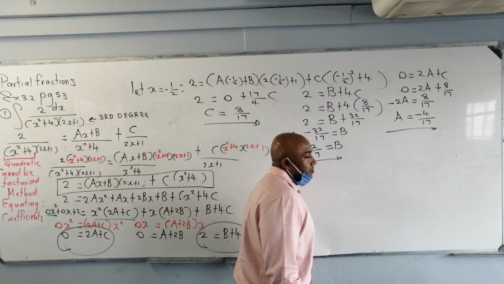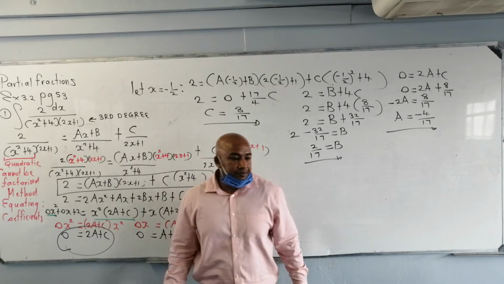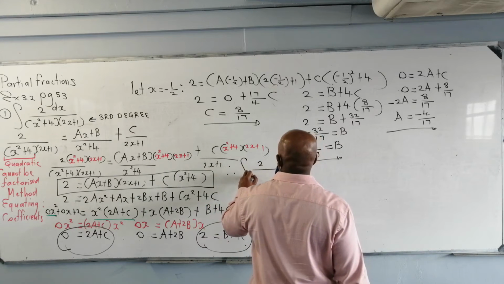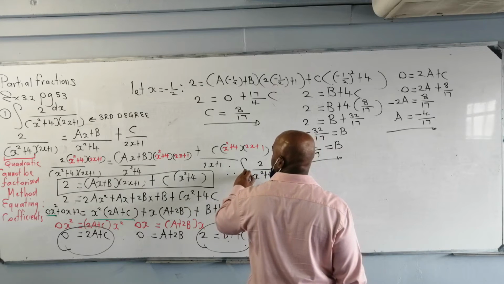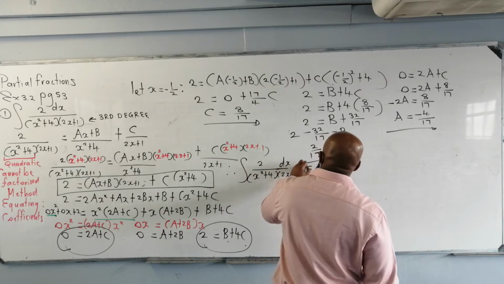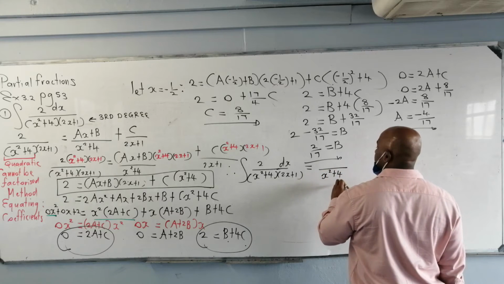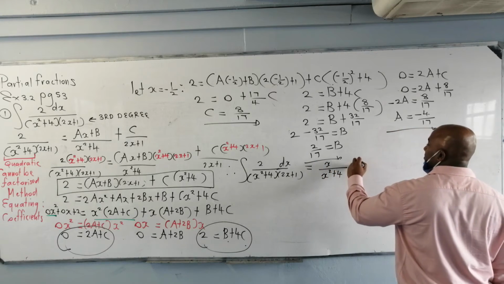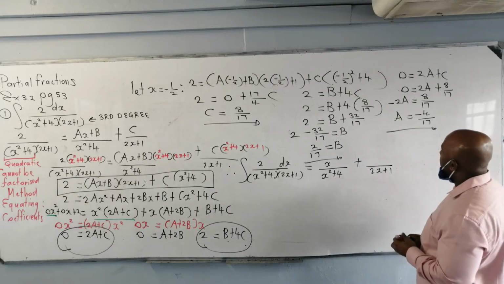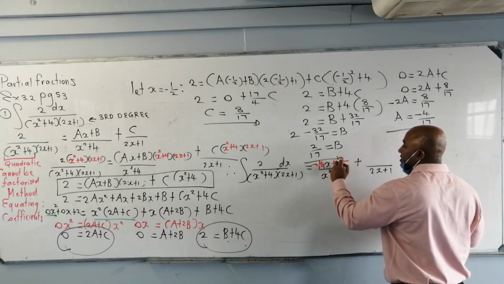So what happens now? We take all this information and put it back here. Right, so now, therefore, the integral of 2 all over x squared plus 4 times 2x plus 1 dx is equal to, my A was minus 4 over 17, plus 2 over 17.